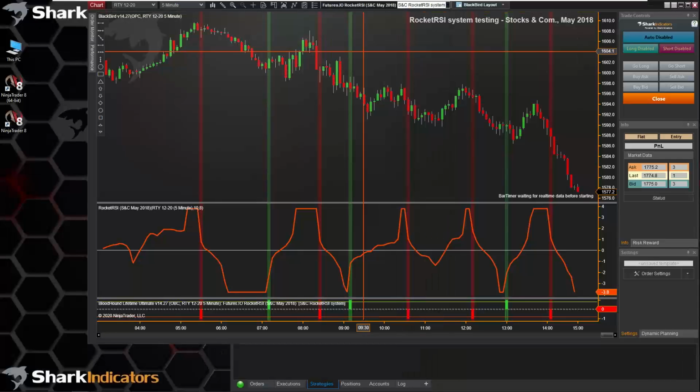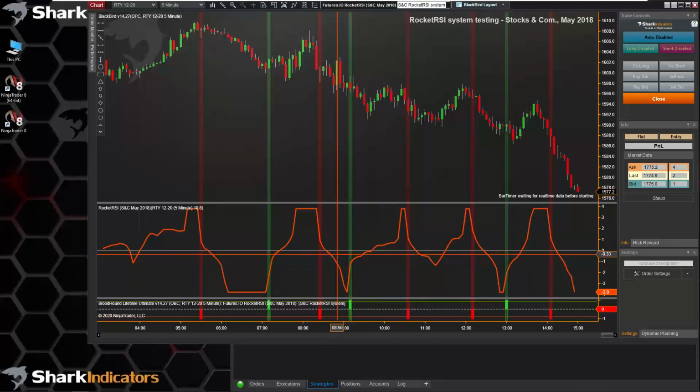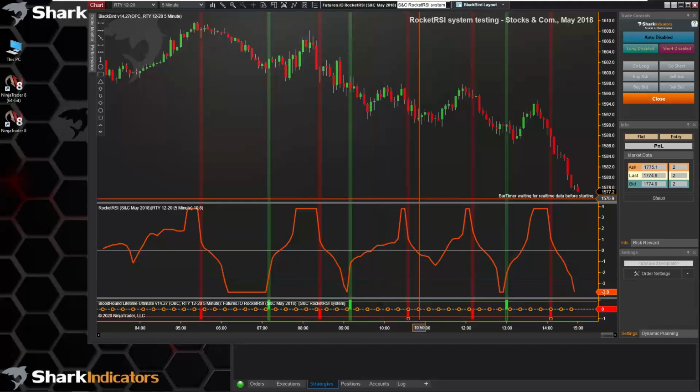All right. So let's get back to the demonstration here. I have the same chart up here that Jeremy had, and I got the signals on here. But I also have on the right-hand side here is Blackbird, right?